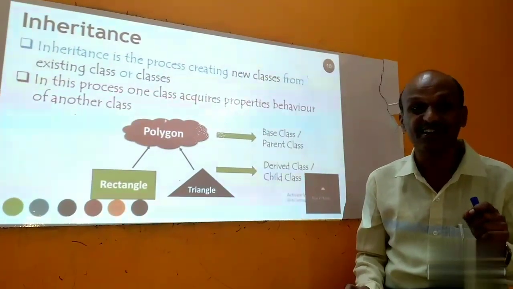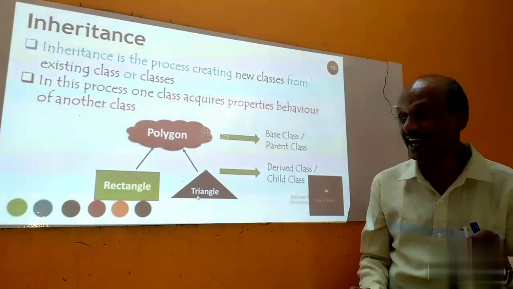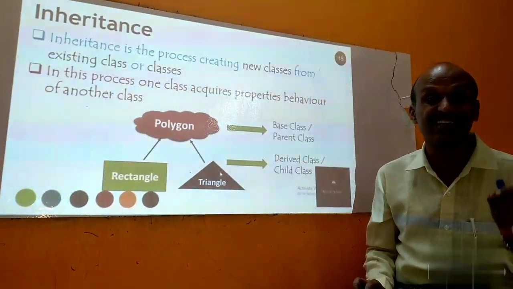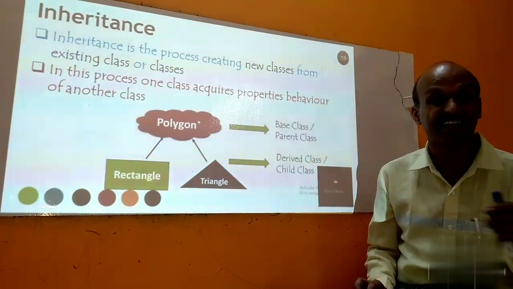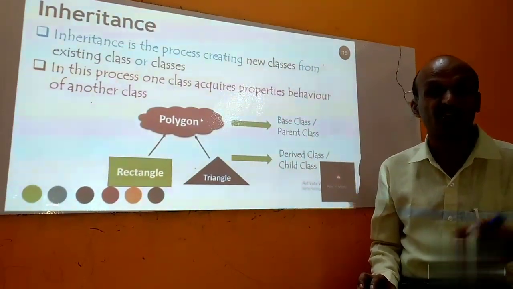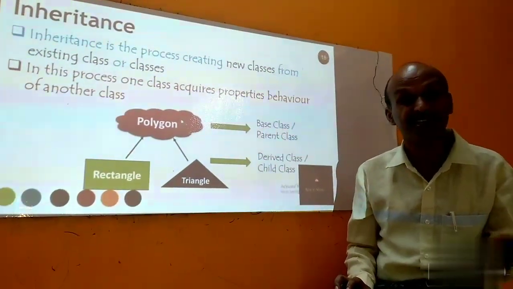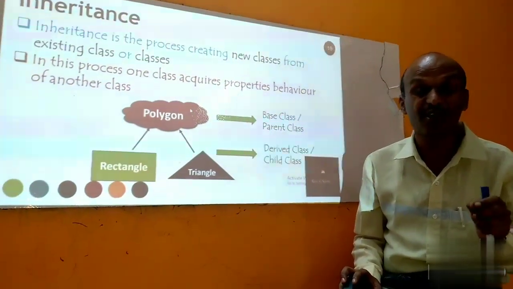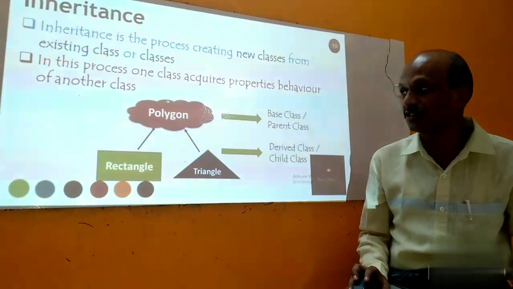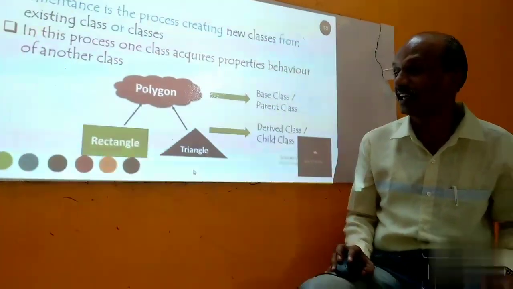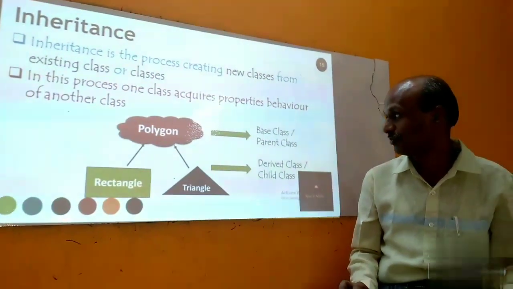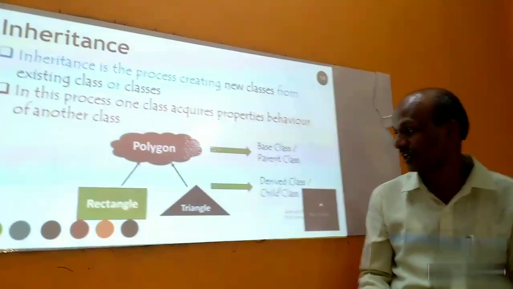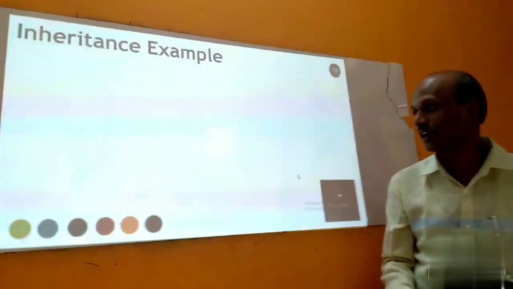Once you have an abstract thing, you can create the concrete thing such as a rectangle. Polygon is an abstract thing. Suppose I say draw a polygon, you can't draw it. But if I say draw a rectangle, you can draw a rectangle, because rectangle is a concrete thing and polygon is an abstract thing. So once you have a base concept, you can create the child concept or derived concept.